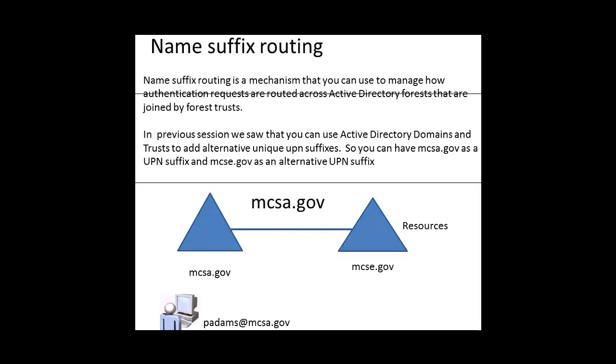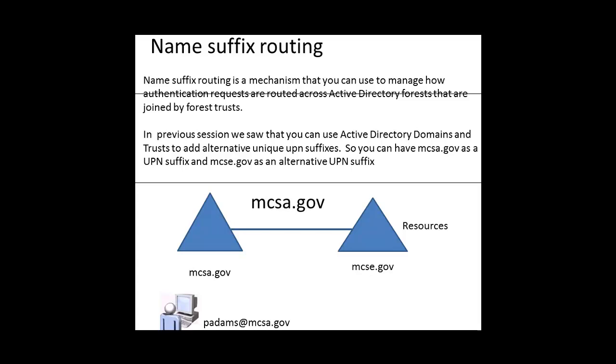If we have a single forest and we have two domains, mcsa.gov and mcsc.gov, that means that both of these domains trust each other. We have a user called P. Adams.